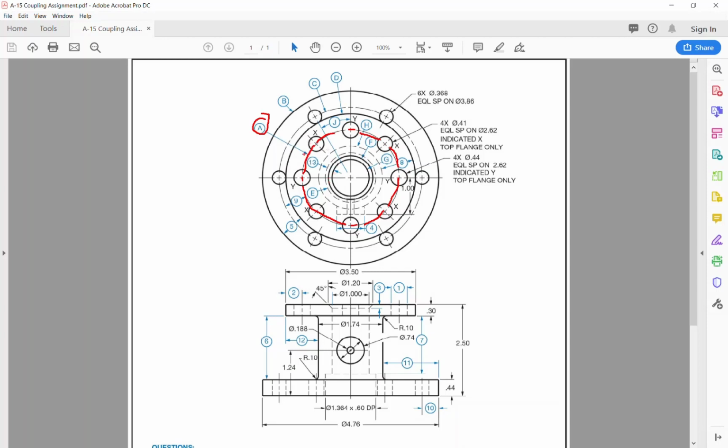So this center line is not a visible line, and it's not representing a physical feature. It's representing a reference feature, reference geometry. This is something that you, as say a machinist or a fabricator, are going to use so that you can lay out where these holes are going to be, so they're in the right location.